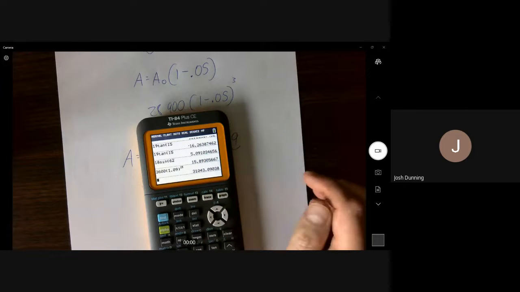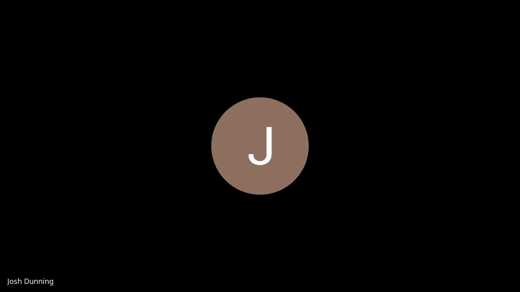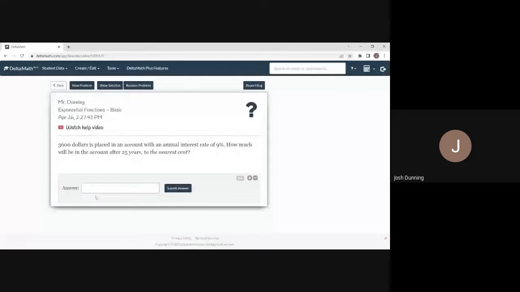So it's just 0.09. We don't have to round up there. So we'll go back, type this one in here. So it was $31,043.09.